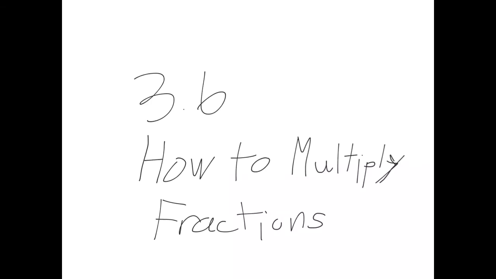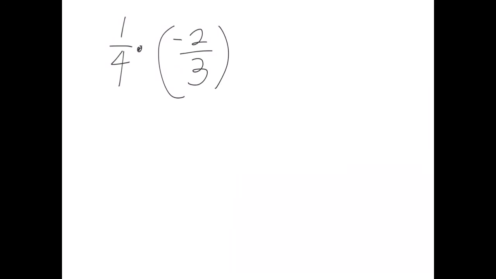3.6. How to multiply fractions. As you can see here, we have 1 over 4 times negative 2 over 3. So now, we have to multiply. You see, these can go into each other.